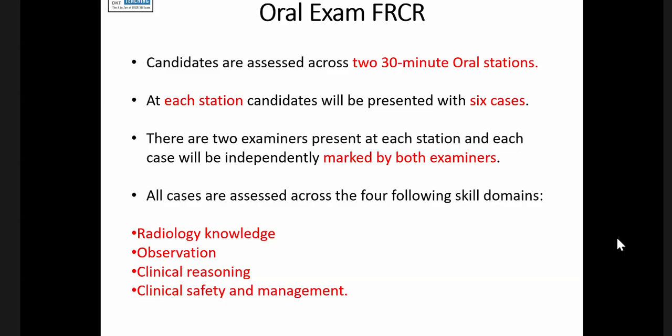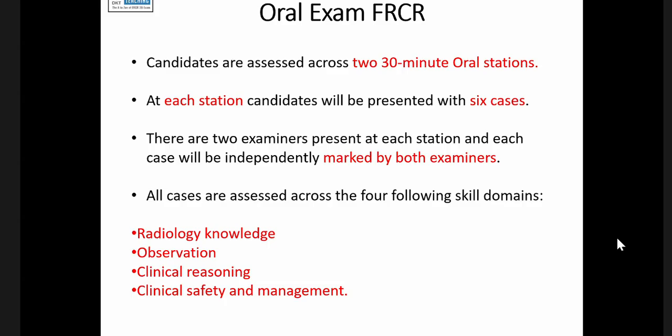When I use the word cases, I mean patients. Some will have only one modality, some will have two, and even three modalities can be shown, just like previous times. But the examiners are going to push you because they want all of you to go through these 6 cases. Having said that, it's not hard and fast.